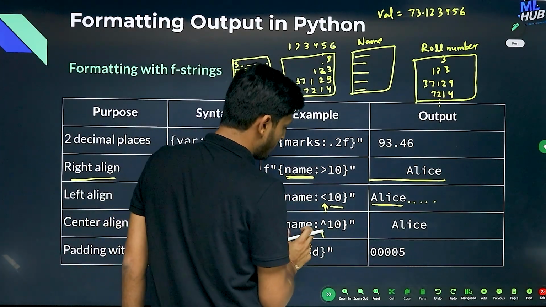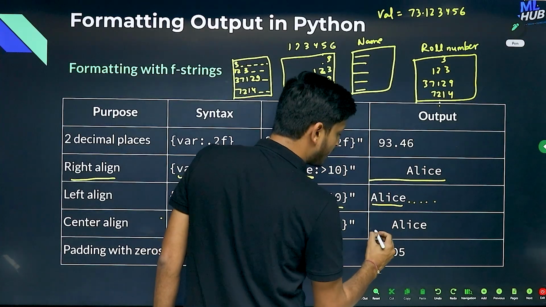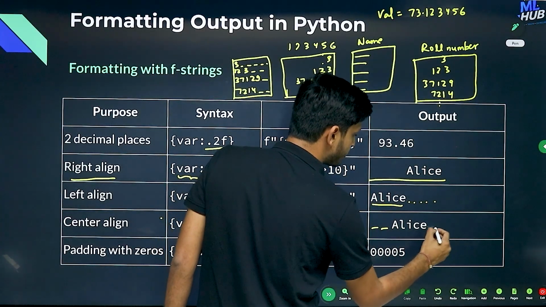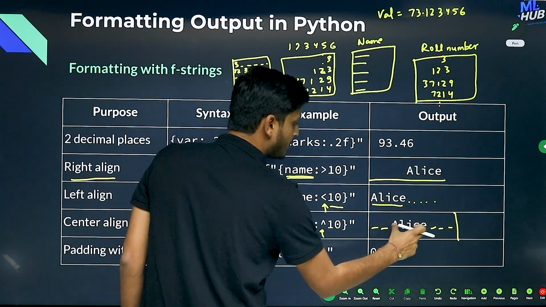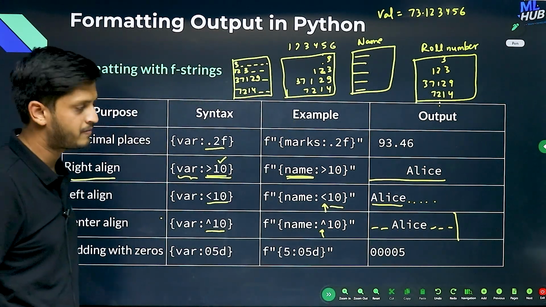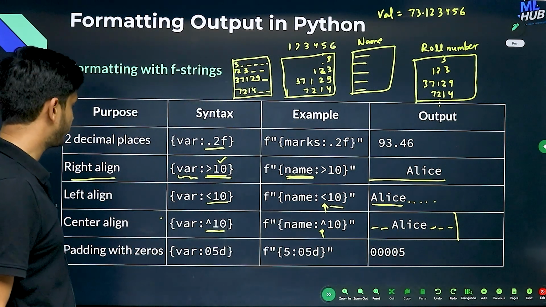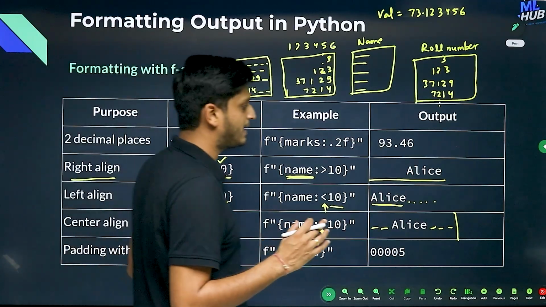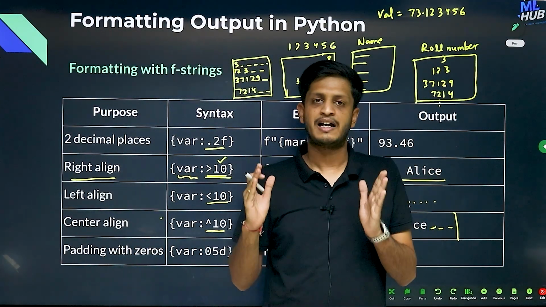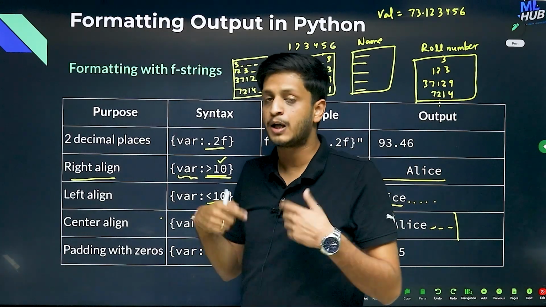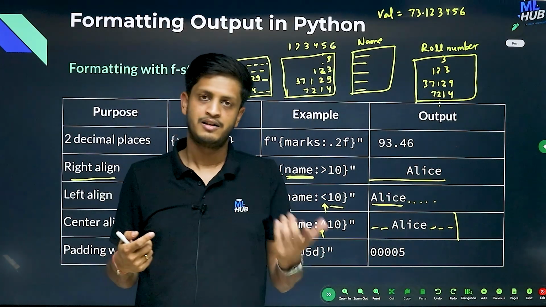So the variable name will be printed center aligned and it will again take 10 spaces. So 2 spaces and 3 spaces will be added. This is how you can make sure that a particular variable takes that much space. Again, it will be used if you want to print tabular data in a beautiful format. You can use this.